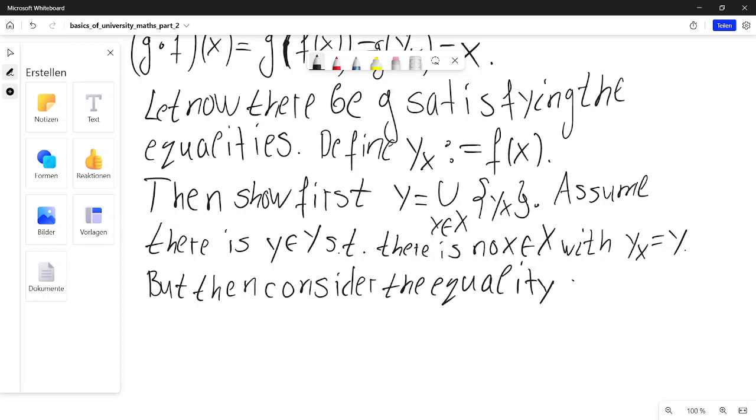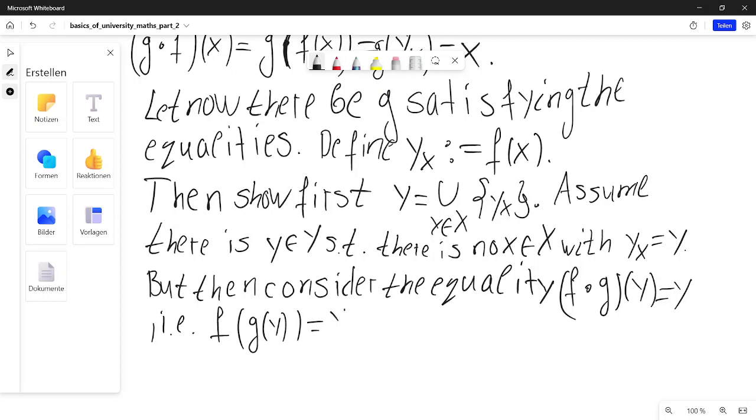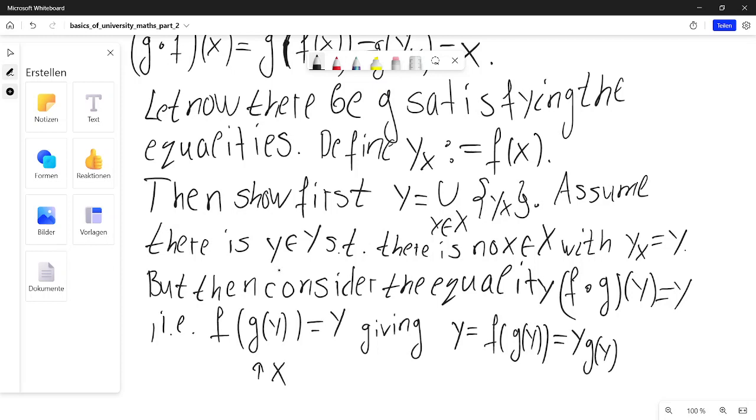But then consider the equality: y equal to f of g of y, equal to y, and we have a certain x giving y equal to f of g of y, which is equal to y_{g of y}, and g of y is an element of X, of course, because g maps y to something, right?